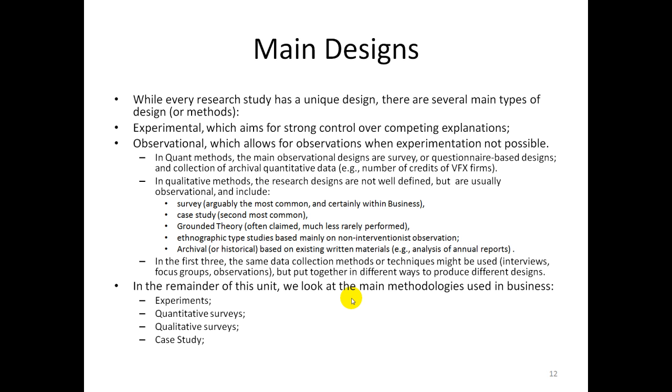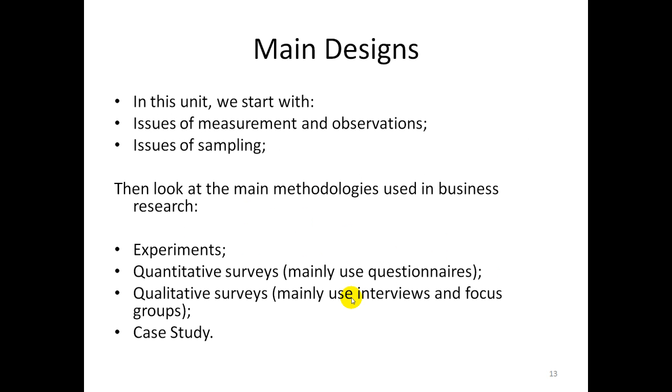We will unpack some of the main issues within each. So within this unit, we start by looking at issues of measurement and observation, and then issues of sampling. These are the two fundamental issues within research design. They impact on all research, qualitative and quantitative. We then look at the main methodologies used in business research. As I have said, these will be experiments, quantitative surveys, qualitative surveys, and case study.